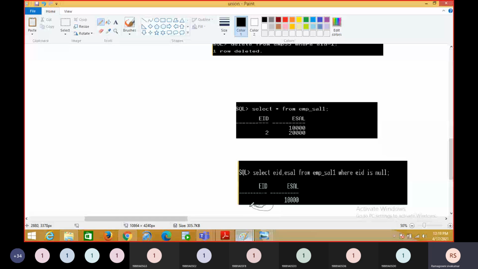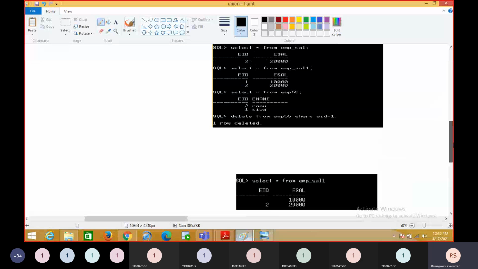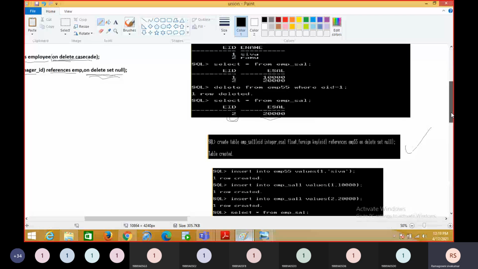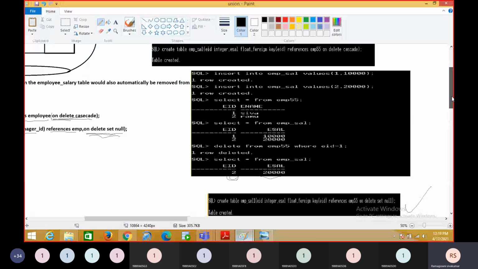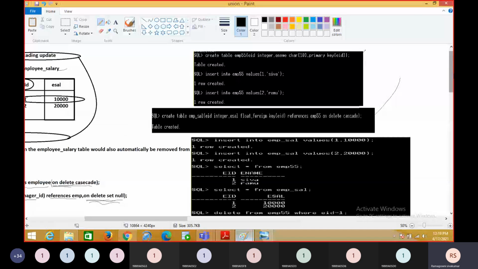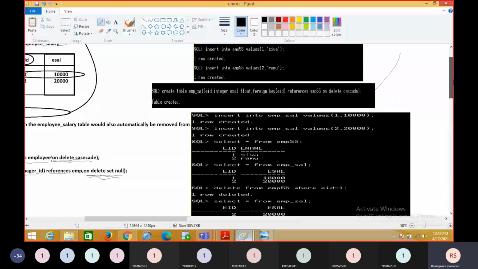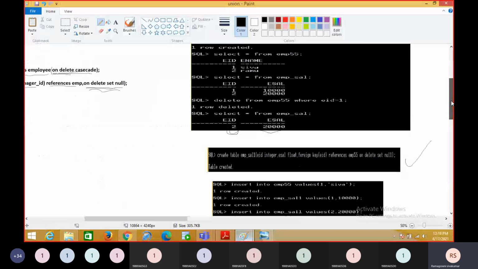You should execute these two; these are very important queries. The first is on delete set null, and the second is on delete cascade. On delete cascade means all the data, all the rows common to the table, are going to be deleted.